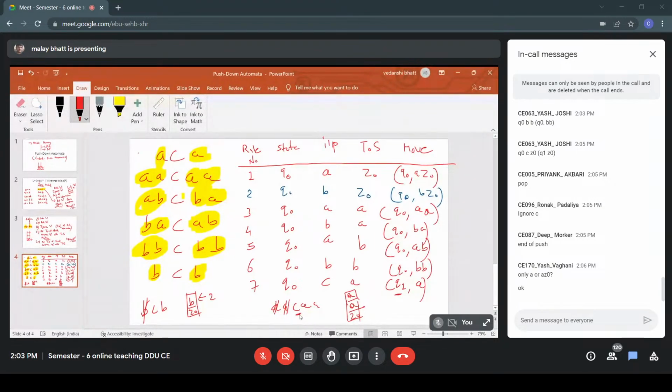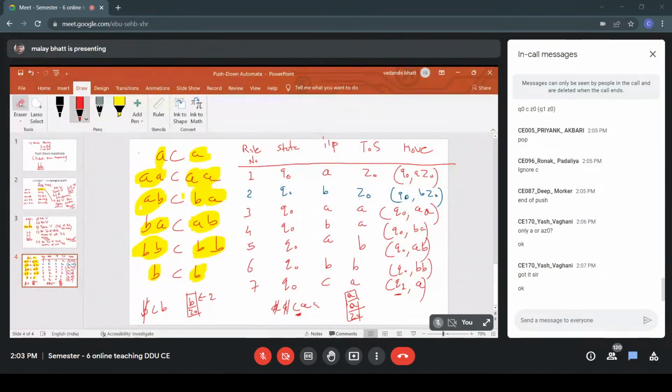So when the C comes, you are ignoring the C, but you don't know whether it is AZ0 or double AZ0. I hope it is clear, Yash. That's why we are writing only this: what is the current top of the stack? We know it is A, so it is A as it is. We don't know anything below it. We never know what the symbols on the stack are.